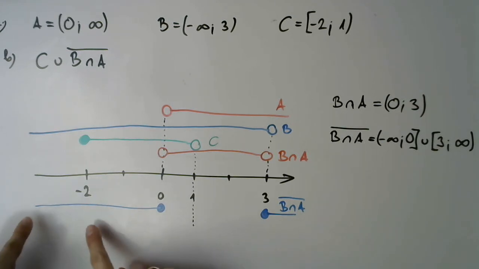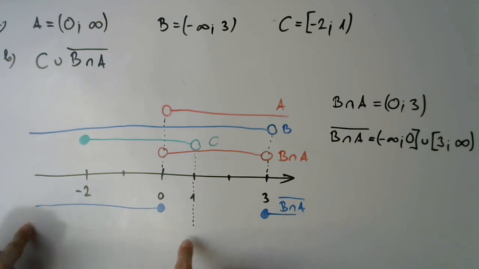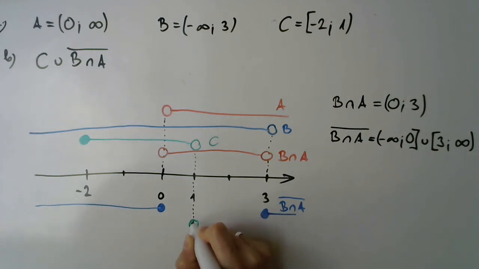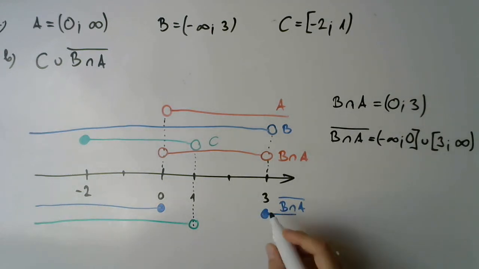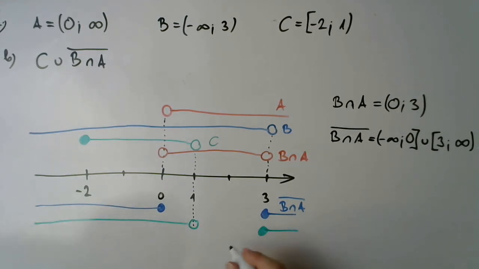So I have a part coming from negative infinity to +1, and I have this other part starting from positive 3 to positive infinity. So this bottom green part is C union B intersect A's complement.